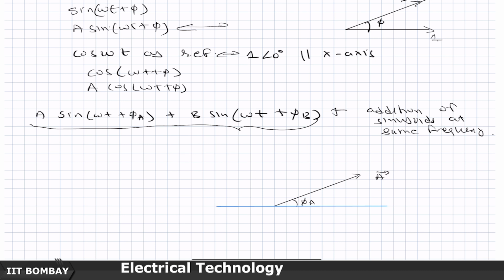Now the next one, b sine omega t plus phi, is, let's say, this. Notice that the angle is always shown in the anti-clockwise direction. And then what do we do? We apply the parallelogram law.